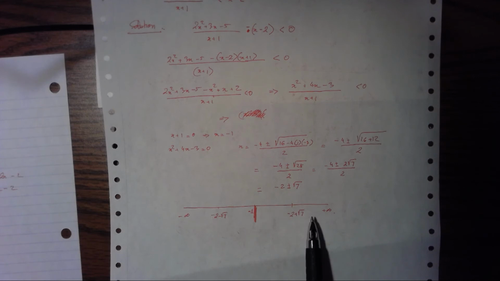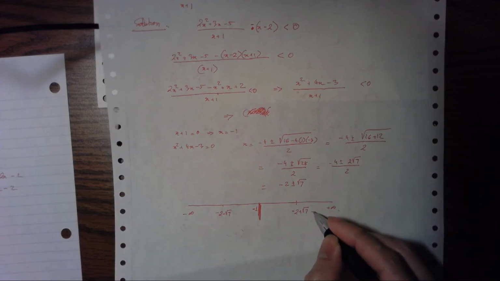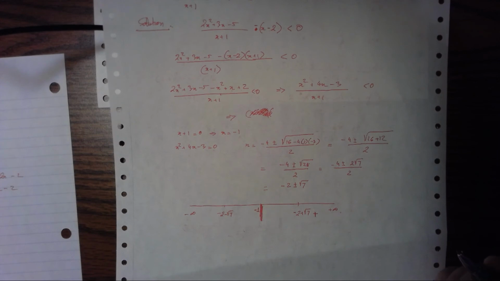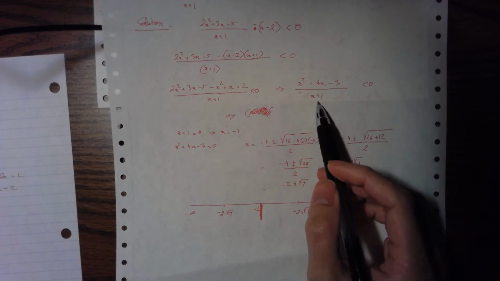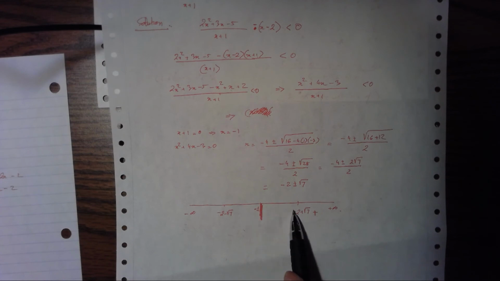First of all, over here you can plug in like 3. You plug it here, it gives you positive. 3, 3, 3, 3, yeah, of course positive. And you plug between negative 1 and 0.6.